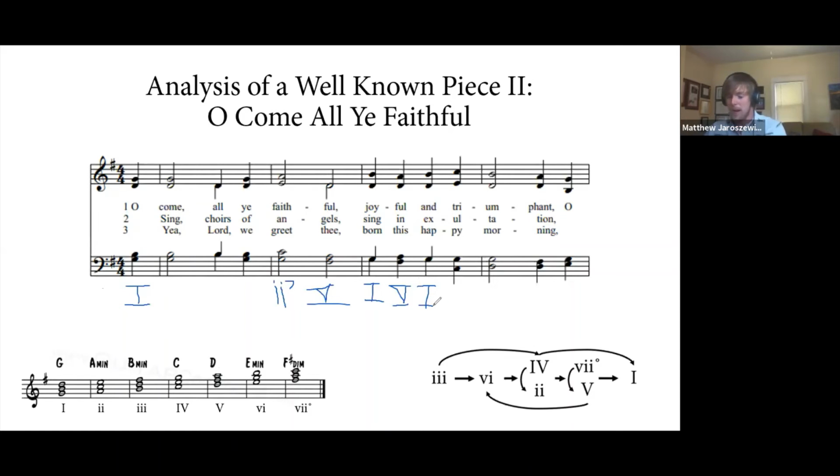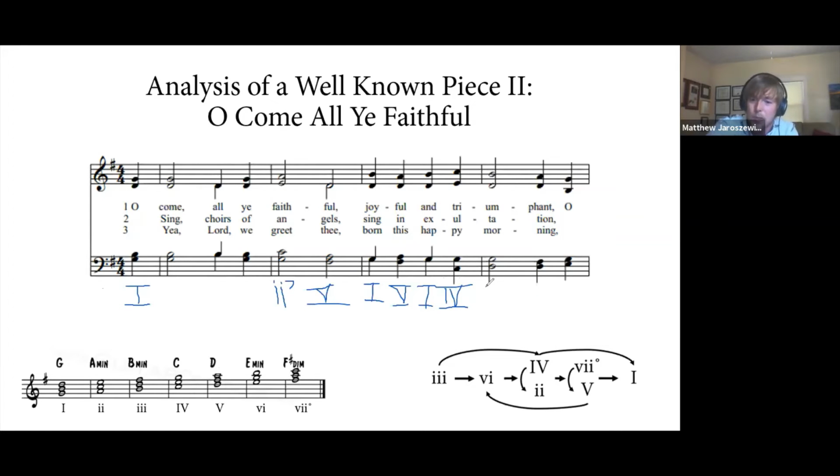Again, from 1 we can go anywhere. In this case, we're going to go to a C major chord, which in the key of G major is our 4 chord. 4 typically goes either directly to 1 or more commonly to 7 or 5.